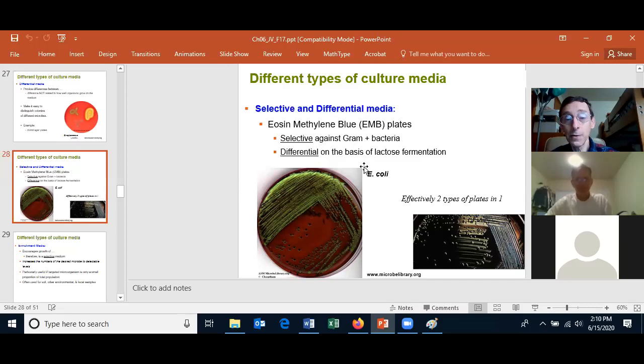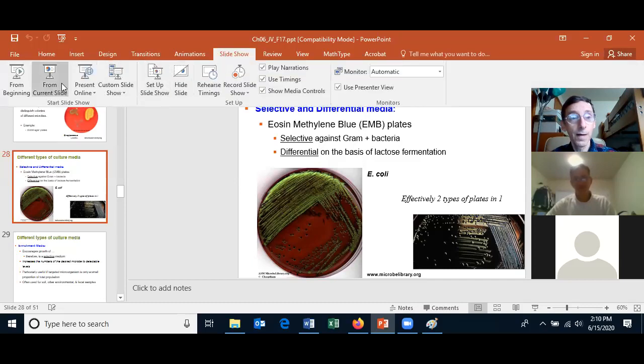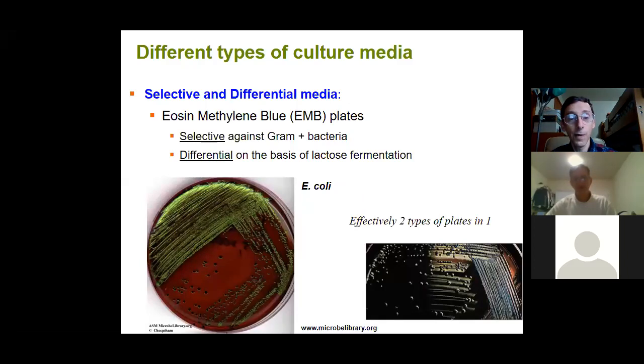Eosine methylene blue is also differential, and it's differential because it has a pH indicator in it and the sugar lactose. And so it's differential on whether it's a lactose fermenter.